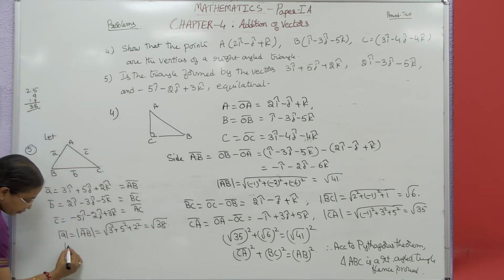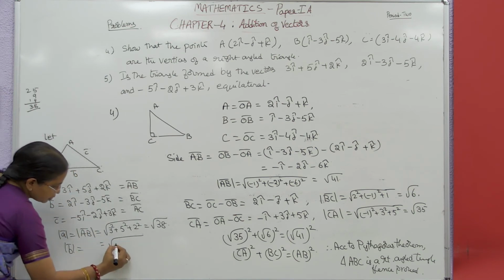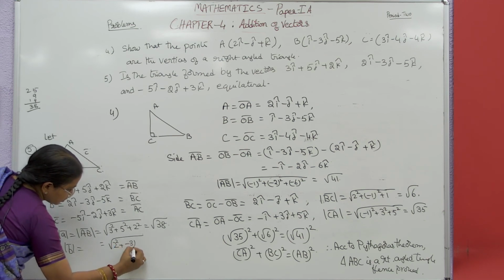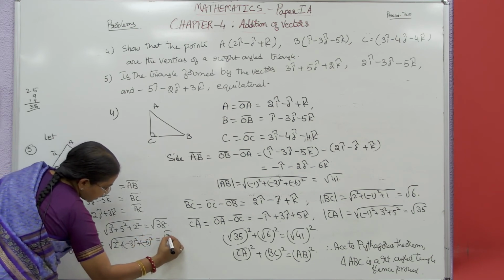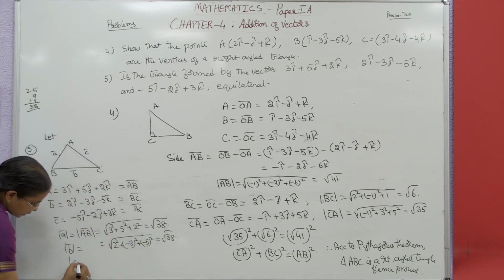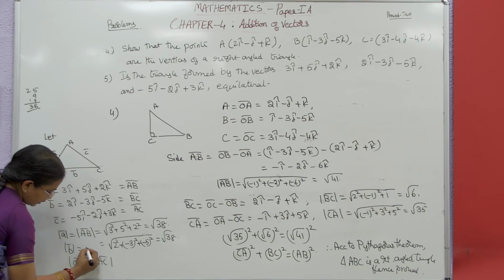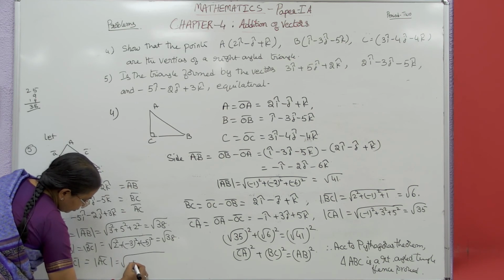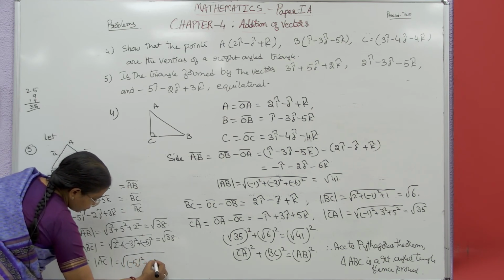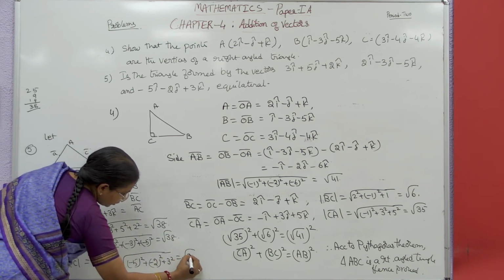Now in the same way, mod B is equal to root of 2 square plus minus 3 whole square plus minus 5 whole square. So that is also root 38, and then mod C is equal to mod AC, and this is mod BC. So this is also equal to root of minus 5 whole square plus minus 2 whole square plus 3 square. So that is also equal to root 38.